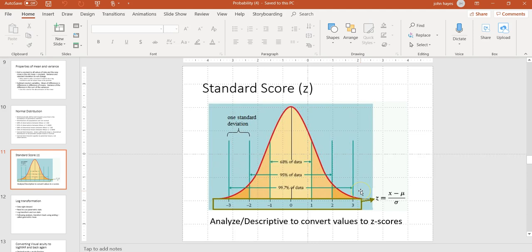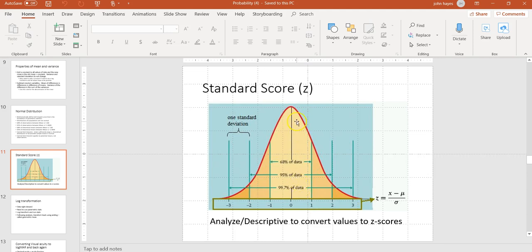But if you sampled enough, say a couple hundred observations, take the mean, and then you imagine hypothetically that you do that an infinite number of times, the distribution will form this bell-shaped normal distribution, in which 68% of the sample means, which is called a sampling distribution, would fall within plus or minus 1 standard error.